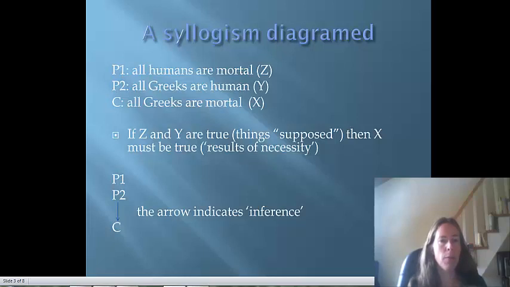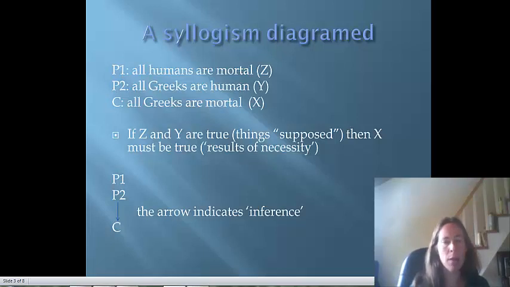But if you start with a premise, if you said humans are immortal, then obviously your conclusion is going to be false. So this is really key when you get to any deductive argument. The validity and the truth of your statement is only as strong as your premise is.